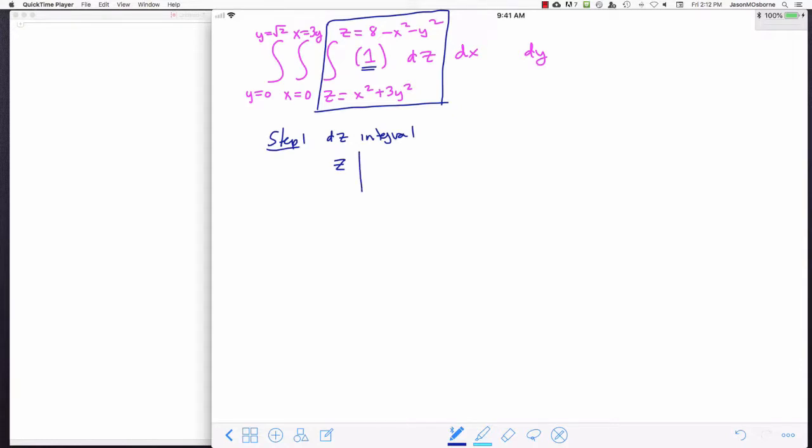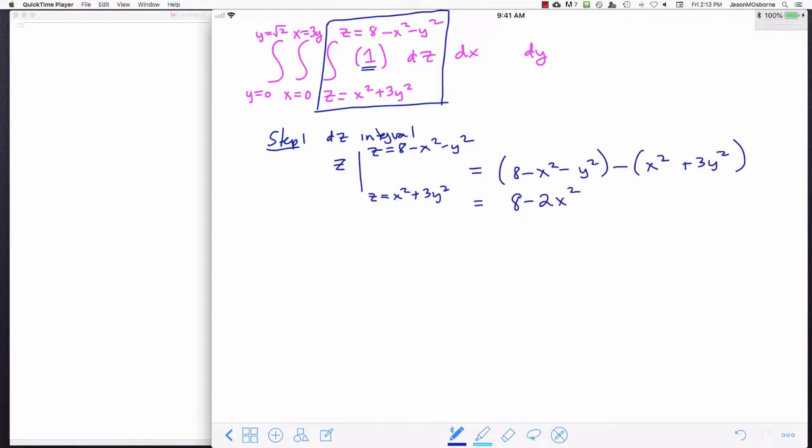Then I evaluate from z equals x squared plus 3y squared up to z equals 8 minus x squared minus y squared. That gives 8 minus x squared minus y squared minus (x squared plus 3y squared), top minus bottom limit, and therefore we get 8 minus 2x squared plus 2y squared.